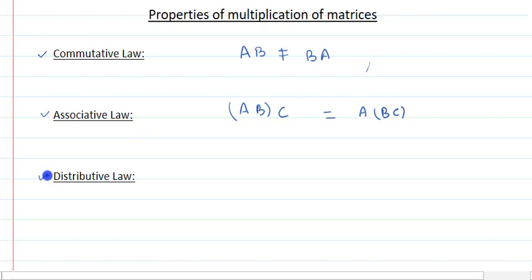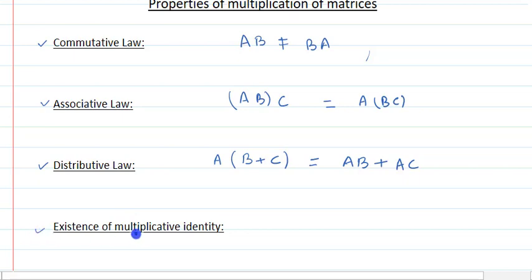Next is the distributive law. The distributive law states that matrix A multiplied by matrix B plus C is equal to AB plus AC. So this distributive law also holds good for multiplication of matrices.